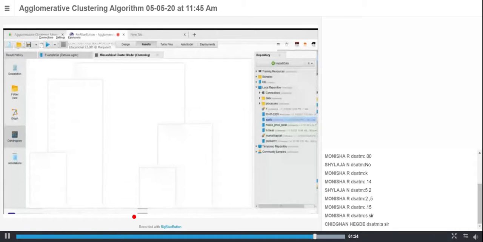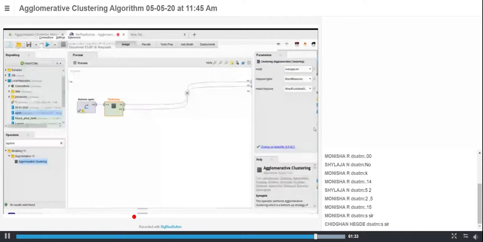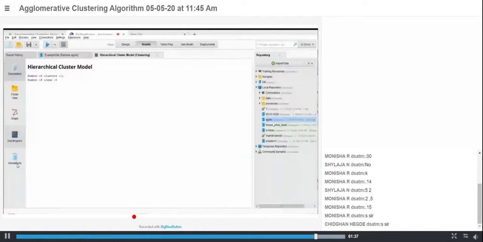Next, the average link we are going to apply. In design, I'm going to select the average link. Then I'm going to run it. This is our dendrogram with respect to average link, the same thing we achieved with respect to group average.